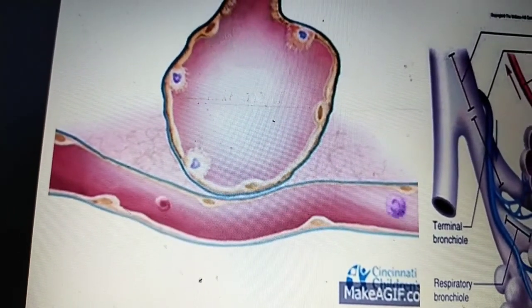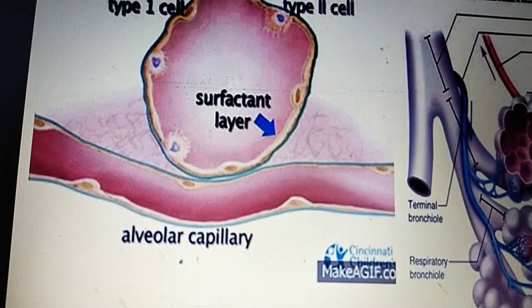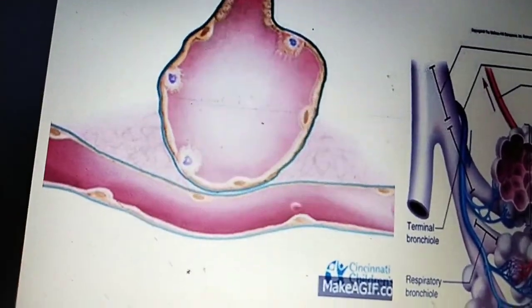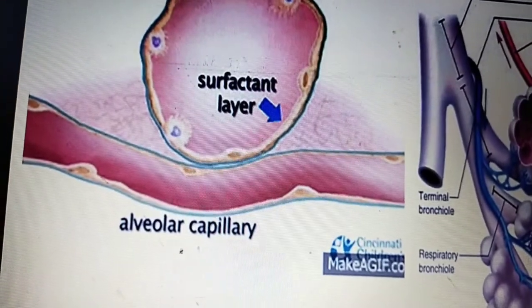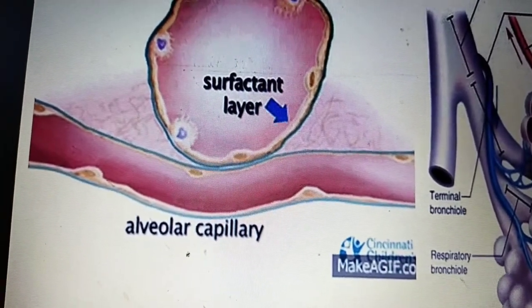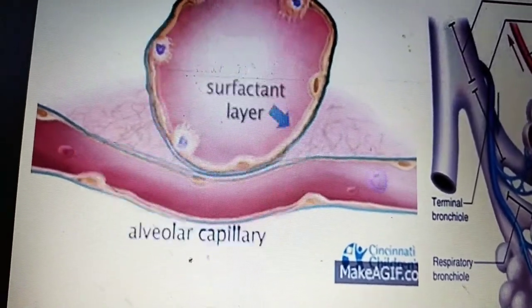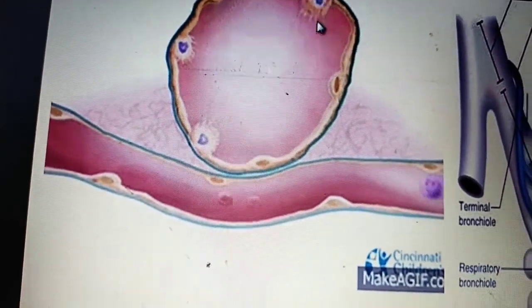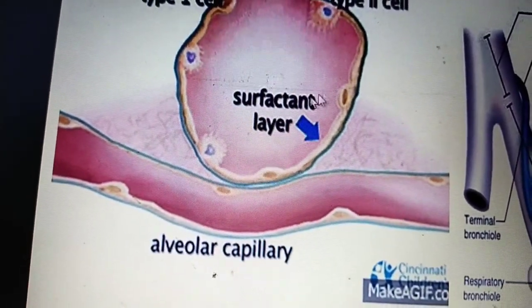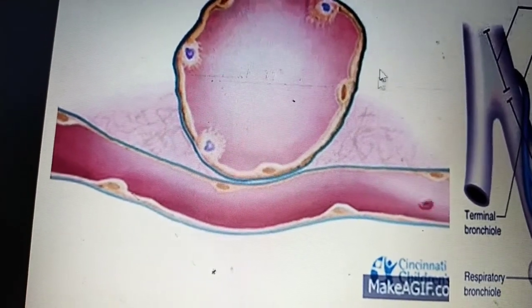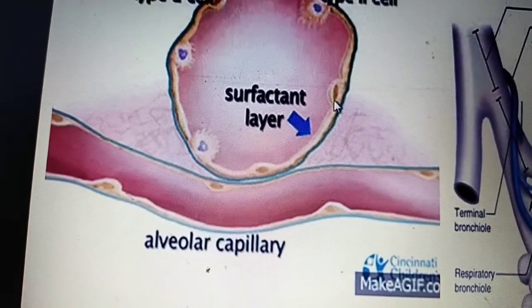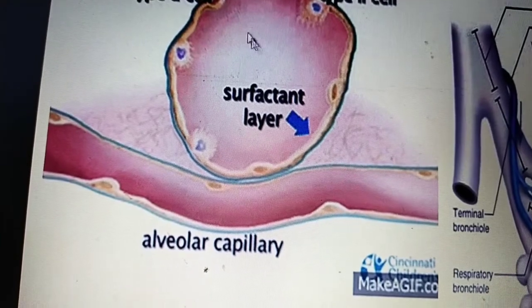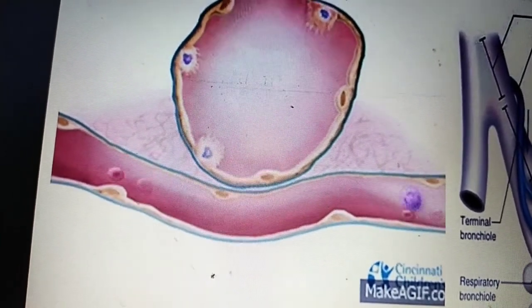The surfactant contributes to the elastic properties. I already explained the elastic fibers of the alveoli, and the surfactant layer contributes to the elastic properties of pulmonary tissue, preventing the alveoli from collapsing.